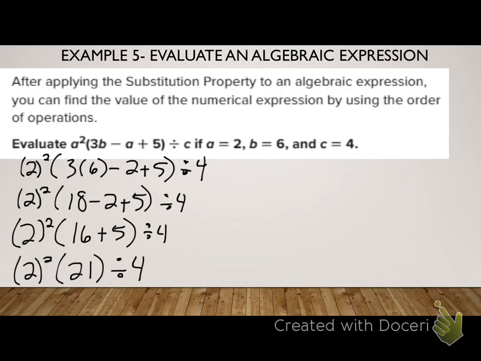No. So I'm done with the grouping symbols. What comes after grouping symbols? Exponents. Do I have any exponents? Yes, I do. I've got 2 squared. Remember, an exponent is telling me I need that many of my base being multiplied. So I'm doing 2 times 2, which is 4.